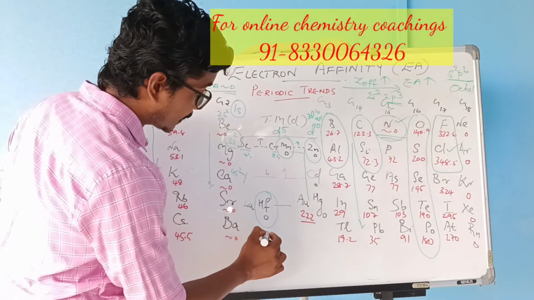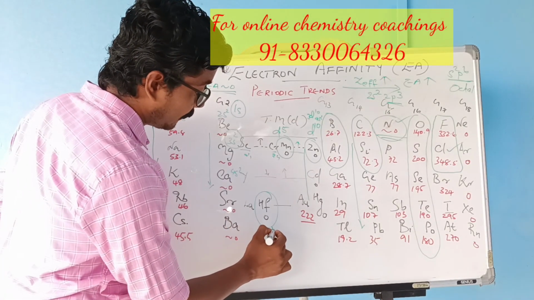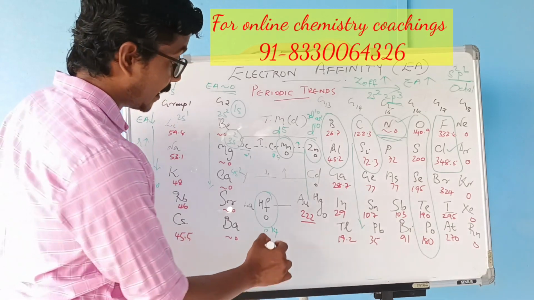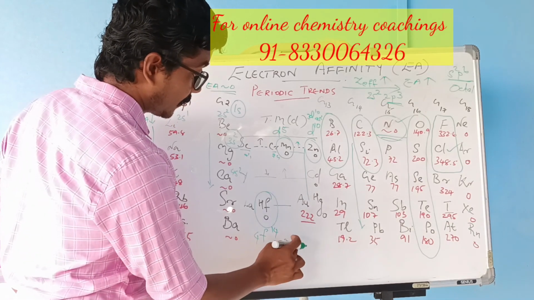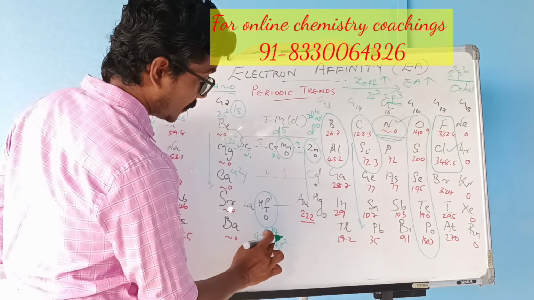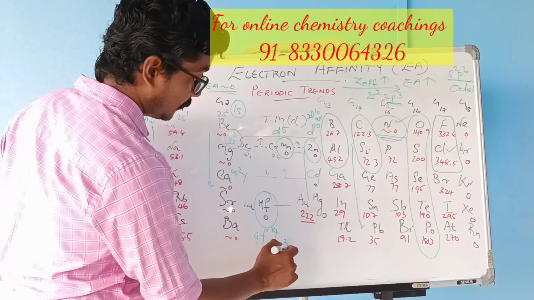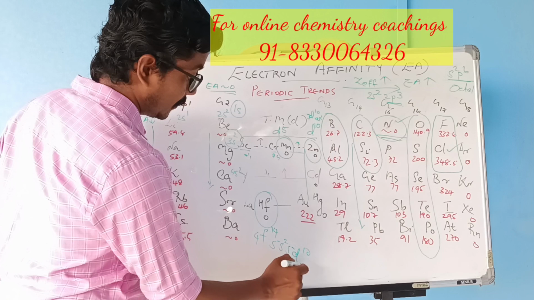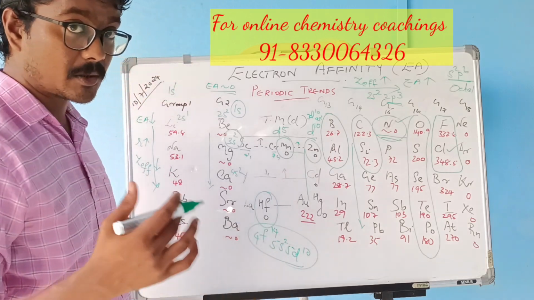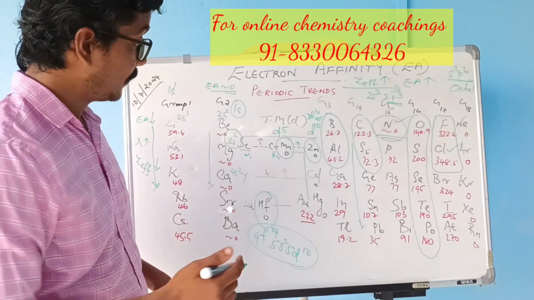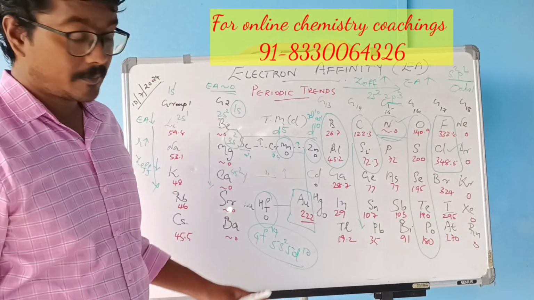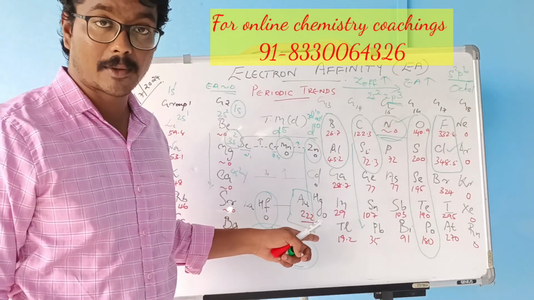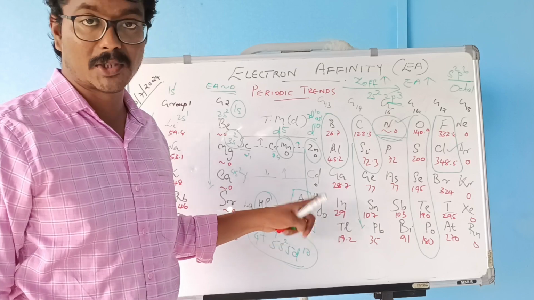Hafnium has a fully filled f orbital, 4f14 5s2 5d10, so this is the reason why hafnium shows zero affinity. But there is an exceptional case of gold. Gold shows a very high electron affinity of 222 kilojoule per mole.